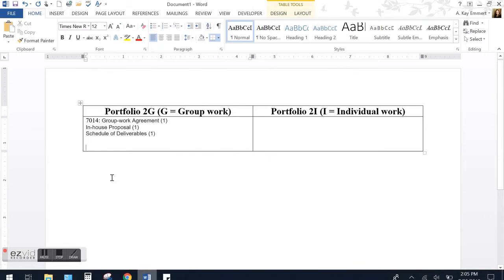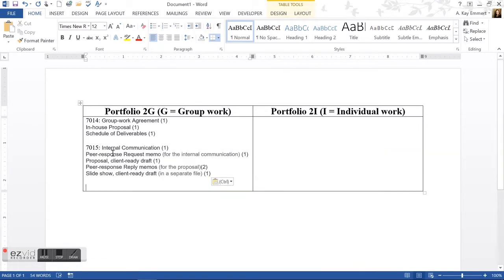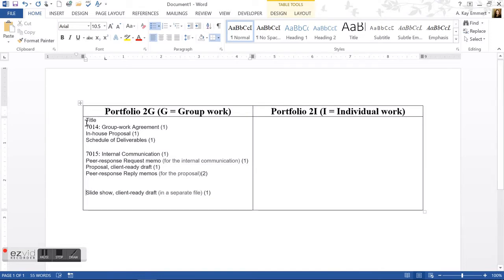Okay, so I also know that I'm supposed to put a title page up here for both of these documents. So all of these documents should be in one Word document file with each deliverable starting on its own page. The slideshow, since it'll be in a different program, should be submitted as a separate file so that I can view it as a normal slideshow.